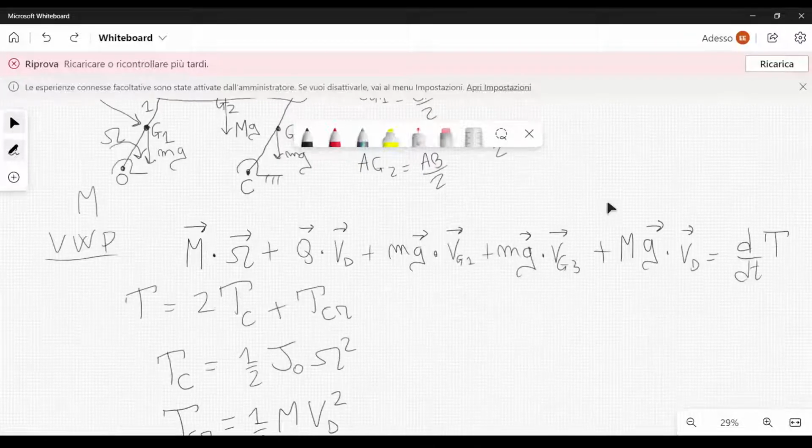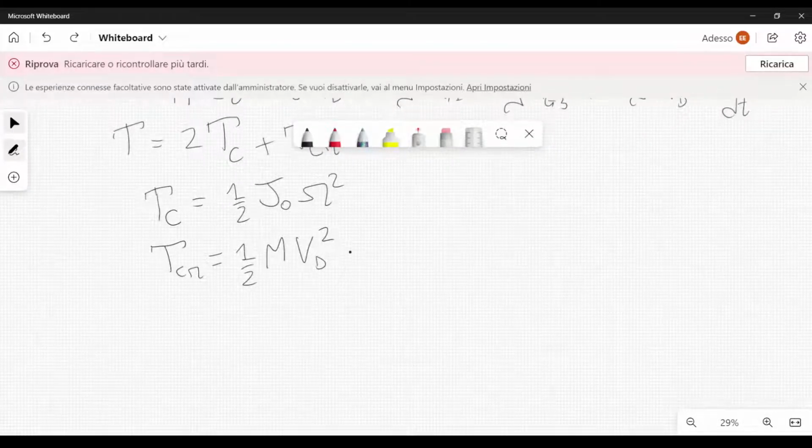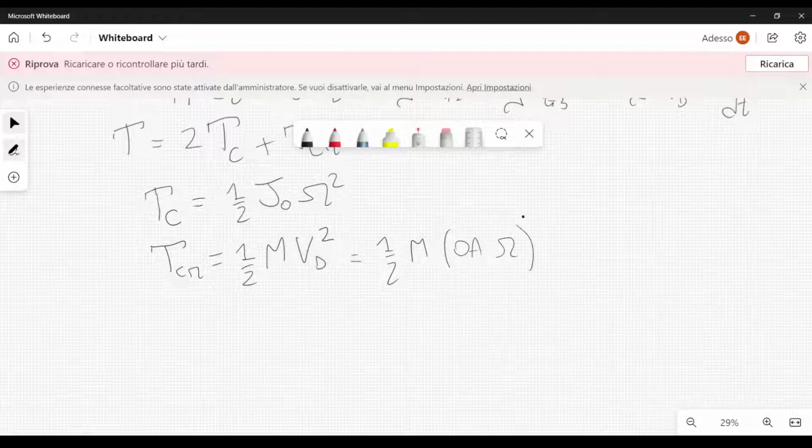Va is very easy to calculate: Va is OA times omega, and this is squared. So we already have a formula there. And we can easily see that if we assume omega is a constant, then the derivative with respect to time of the kinetic energy is 0, right? So we can simplify our virtual work principle.